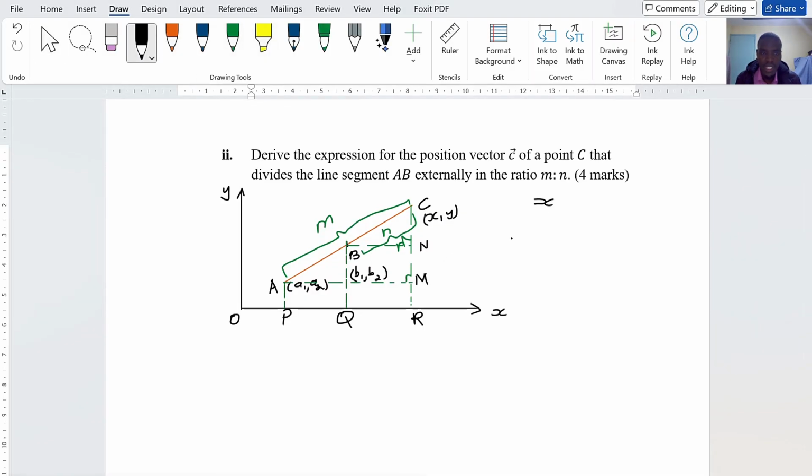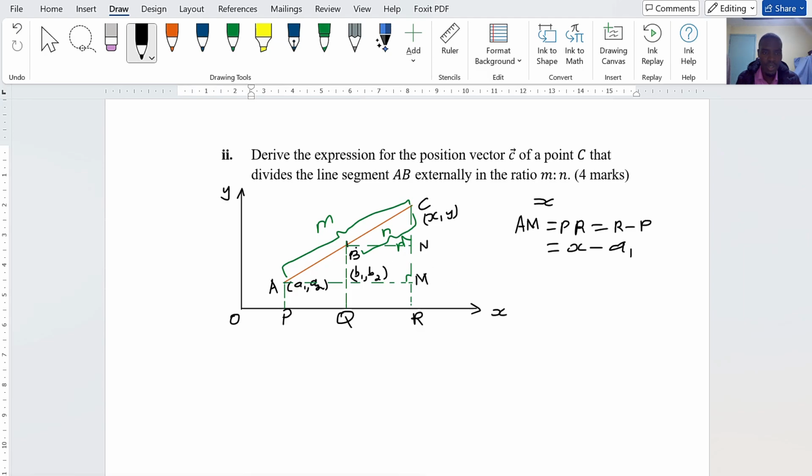Doing the same thing, we'll have our X here. So on our X, we have the distance AM. AM is projected on the x-axis as PR. So A to M is projected at P to R, which is simply R minus P. Now when you look at this carefully, R, the horizontal distance, is X, and P is A1.